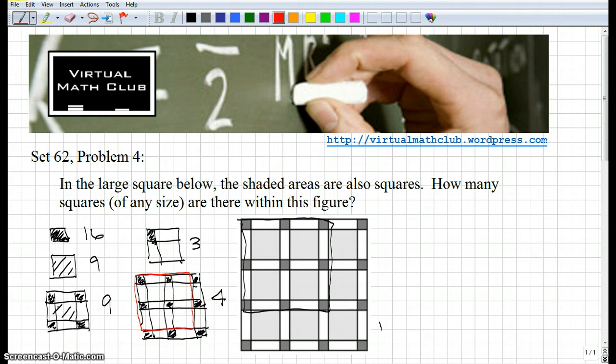So for every one of those, let me see if I can draw the representative square here. This one looks like this.